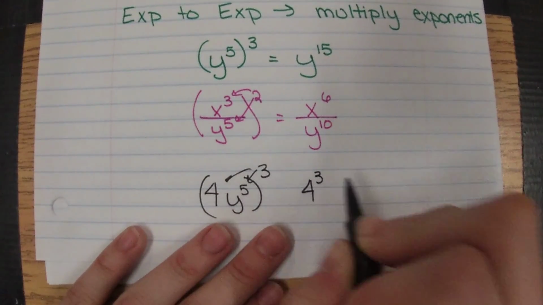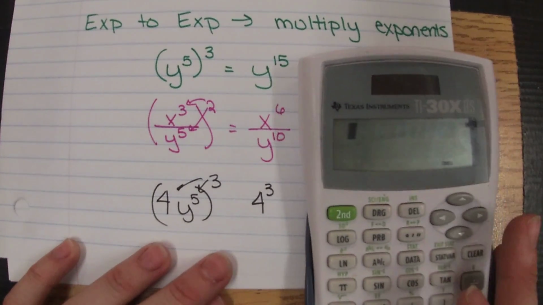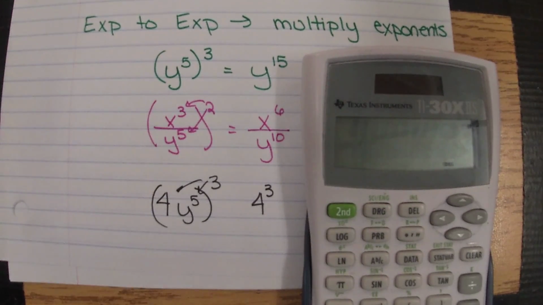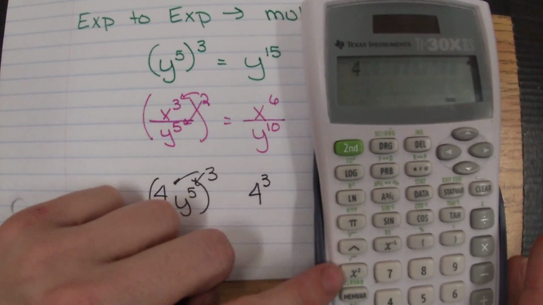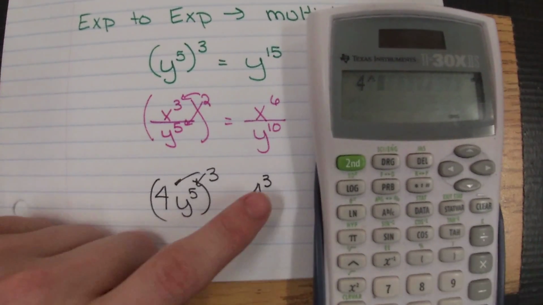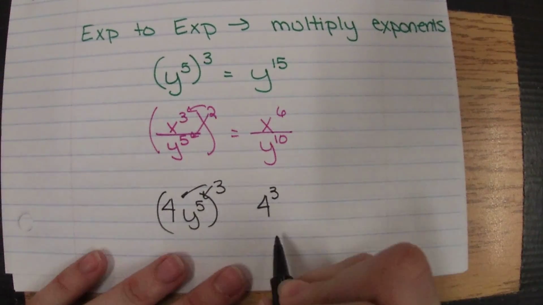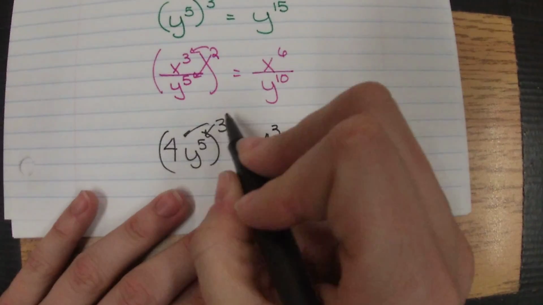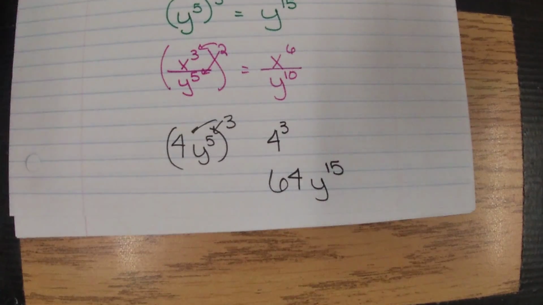We need to take 4 to the third power. And exponents can get big quickly. So if you're not sure how to put that in your calculator, you're going to press 4 like normal, and then the up caret button, which is right above your x squared, and then type in the value of the exponent. That gives us 64. And then we'll multiply those, which gives us 64y to the 15th.